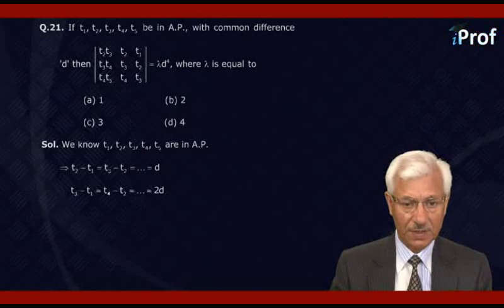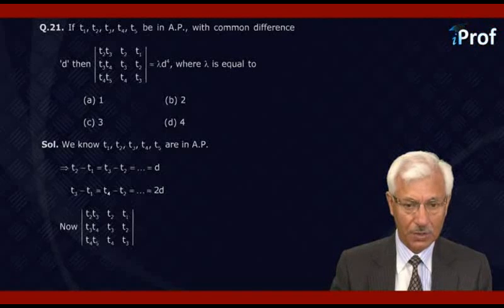Hence, the given determinant has T2, T3, T4 in the first column, T3, T4, T5 in the second column, and T1, T2, T3 in the third column.